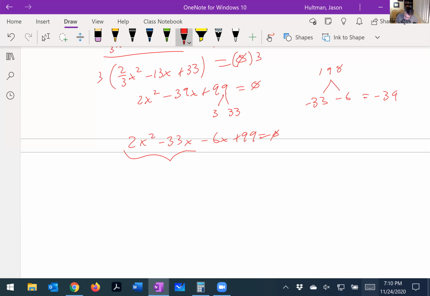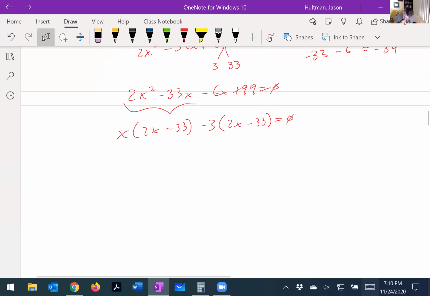Now let's factor out x. This is 2x minus 33. Factor out a negative 3. We get 2x minus 33. So now let's factor out these guys: 2x minus 33 times x minus 3 is equal to 0.